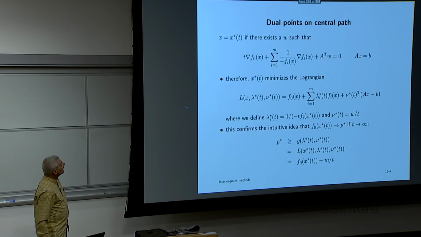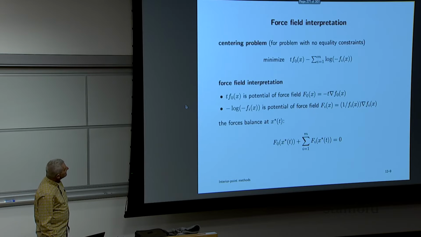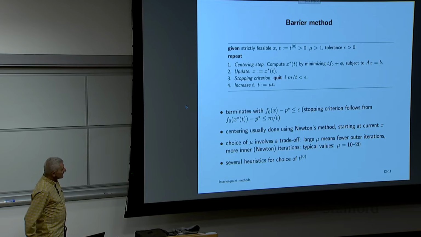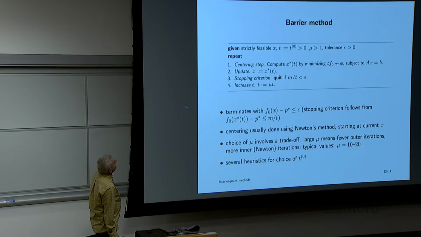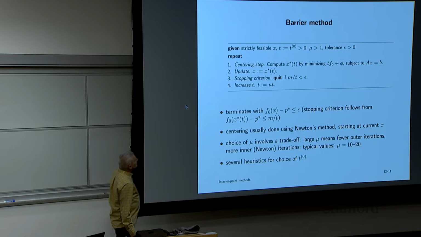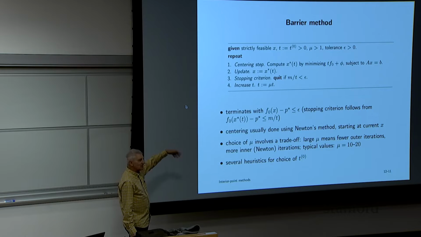So now you will recognize this as a homotopy method. Here it is. You pick some t and you compute x star of t. That's Newton's method. Then you quit if m over t is less than epsilon. Otherwise, you increase t. This is a very simple method. There are much more sophisticated methods, but this is the way you do it. You just increase t by a factor mu, right?